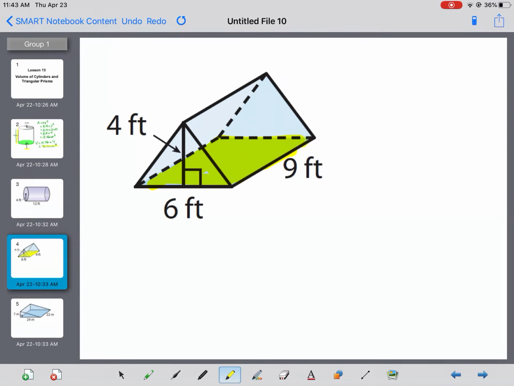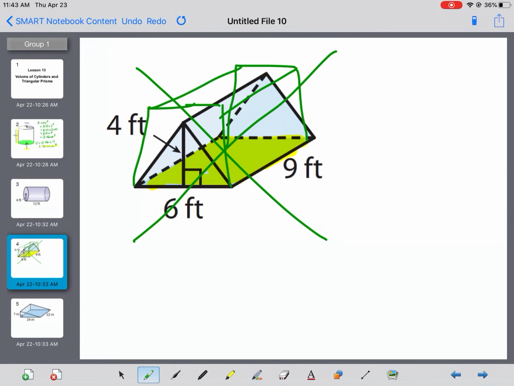Because if you were to find the area of the rectangle and then multiply by the height of 4, you'd actually be finding more than you wanted. You can kind of see that you'd actually be finding the volume of a rectangular prism, which we don't want to do. So big X over this. Don't do that.